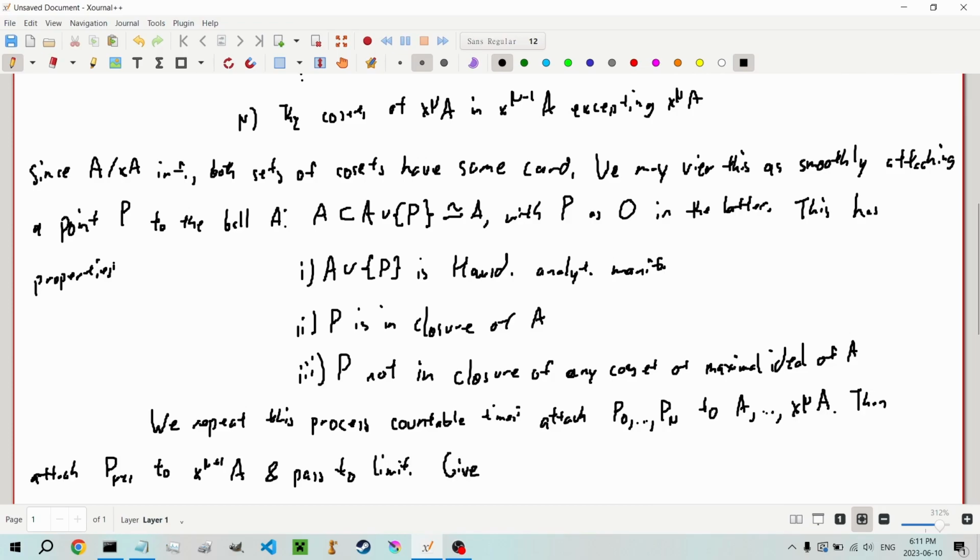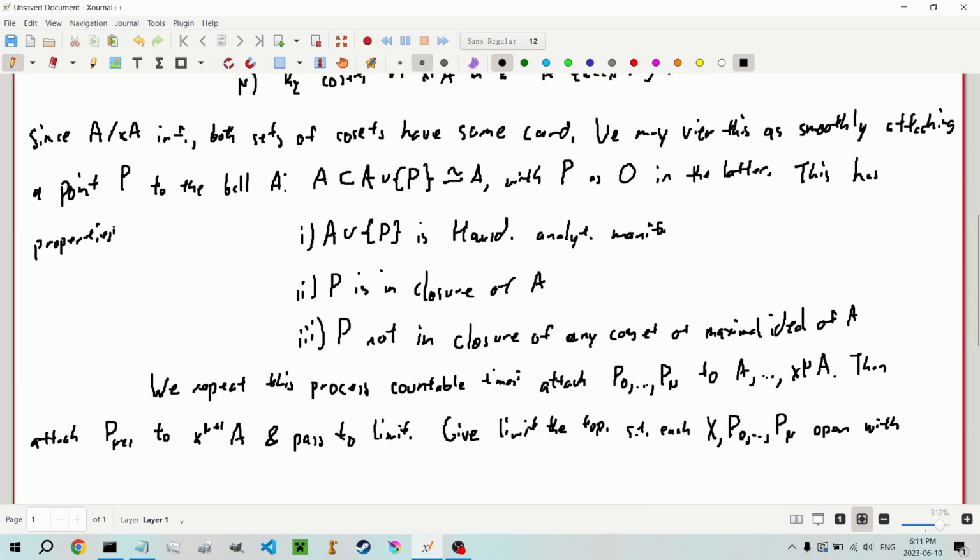And give this limit the topology such that each x and p0 through p mu is open with its original topology.